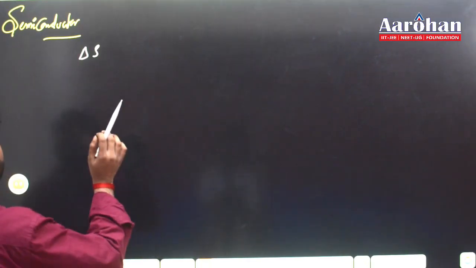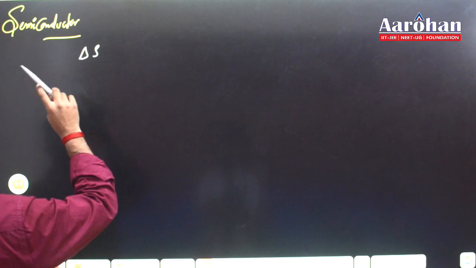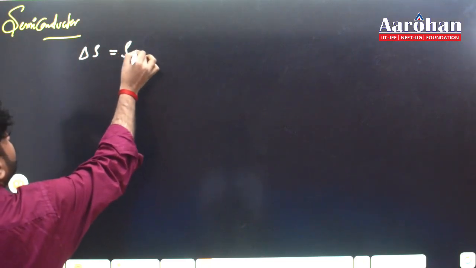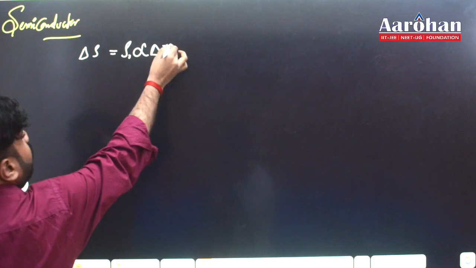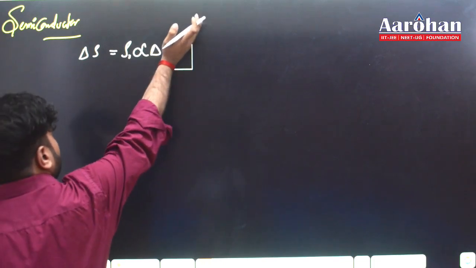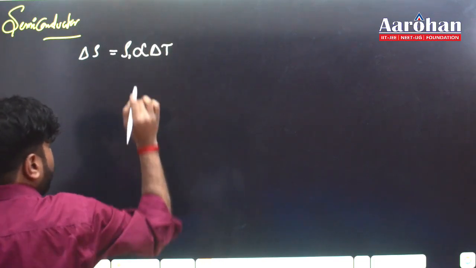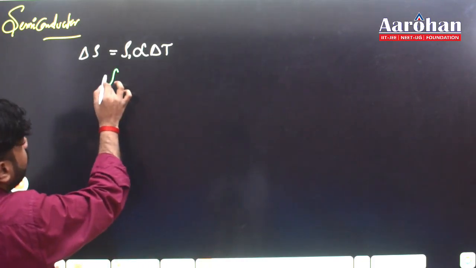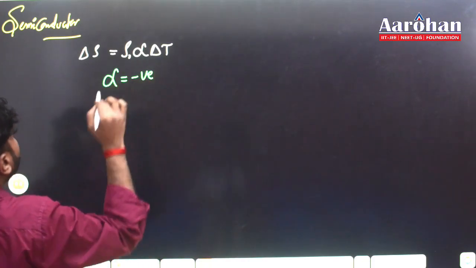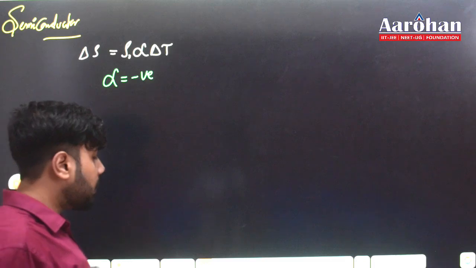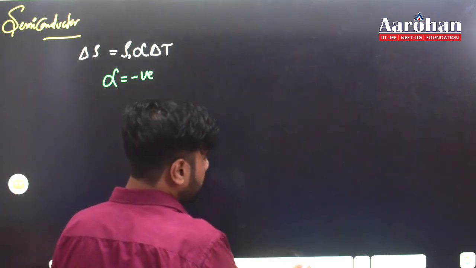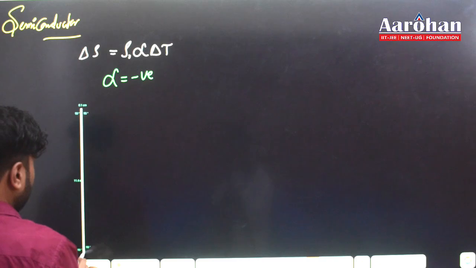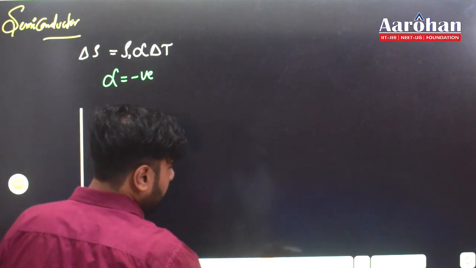The expression is same, but remember, whatever expression I am writing, it is true for small change in temperature. Now, if you remember, alpha was negative for semiconductor, meaning as temperature increases, resistivity should decrease, right? Because conductivity will increase.